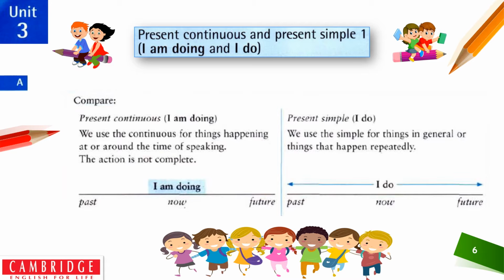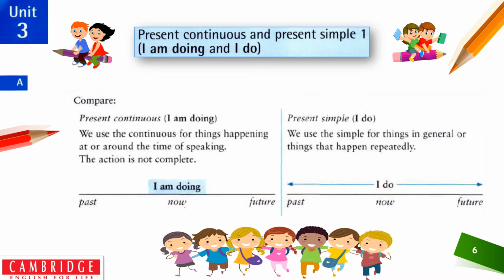For example, you can look at the diagram here. Past, now and future. We are talking about the action which is happening right now at this moment. Then we can use present continuous tense. Whereas when you take the simple present tense, we use the simple present tense for things in general or things that happen repeatedly.